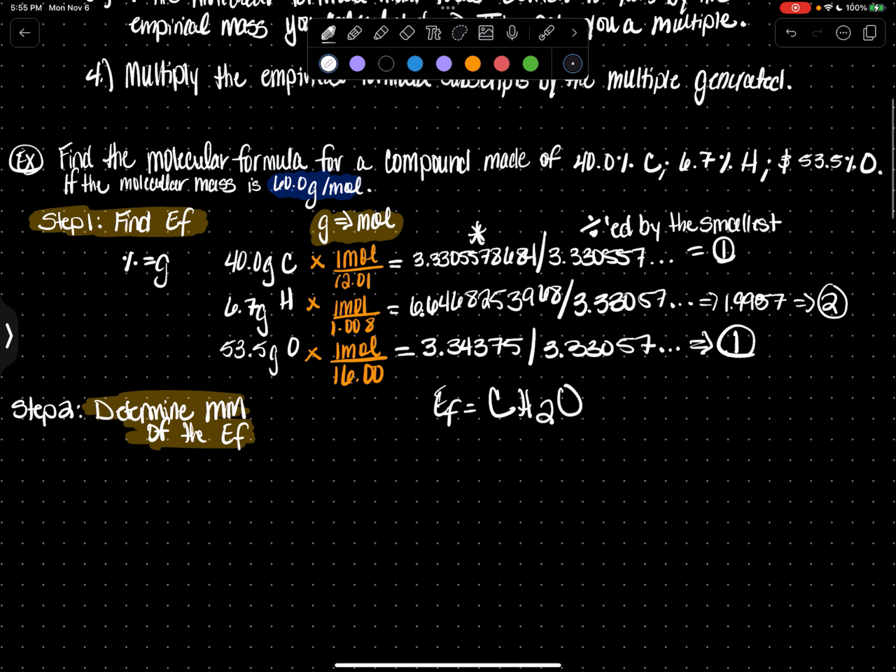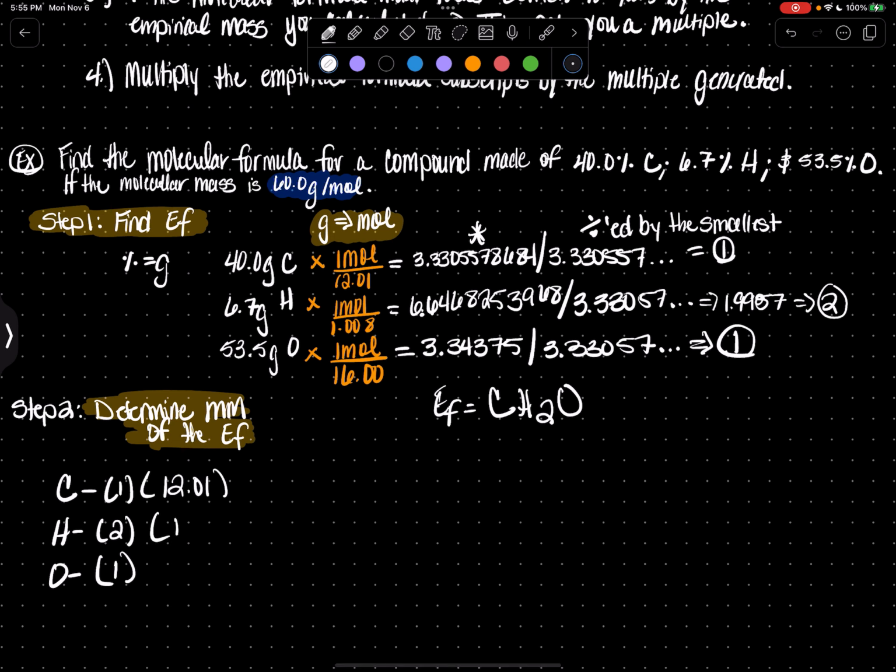So here I've got CH2O. I've got 1 carbon, 2 hydrogens, and 1 oxygen. I'm going to pull those mass values off of my periodic table here.